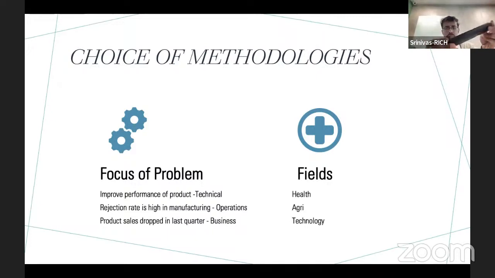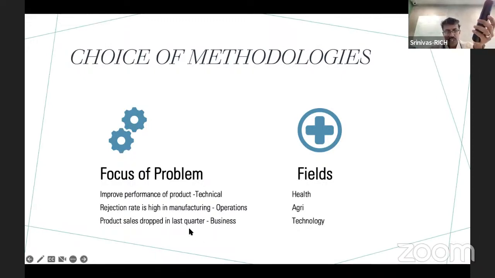Operations problem statements. So now let us say Samsung is manufacturing this remote, right? And they have a high rejection rate, that these remotes are failing in the field quite frequently, or in the manufacturing, they do have multiple problems in assembly, right? So there could be many things that could go wrong in the product itself. And so then you apply a different kind of solution methodology.